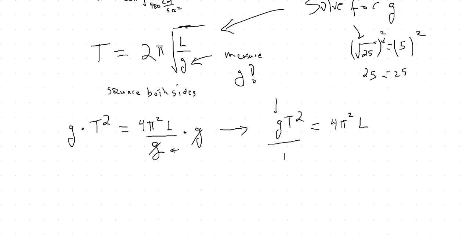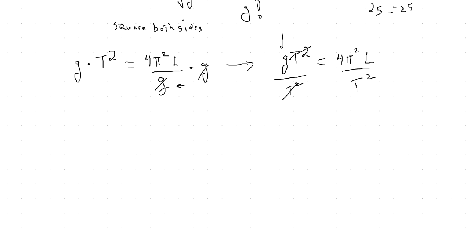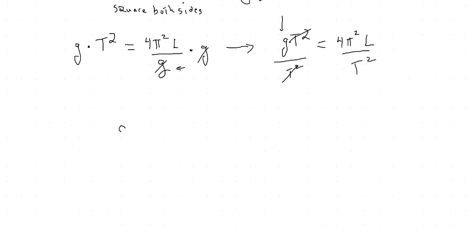Divide by T squared on this side, okay? Goes out on this side. And so we have, finally, that G is equal to 4 pi squared L divided by T squared.